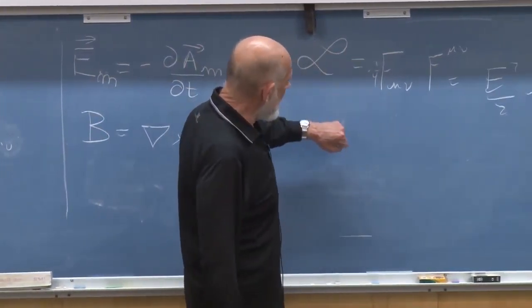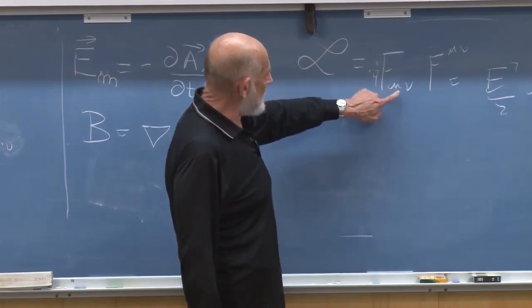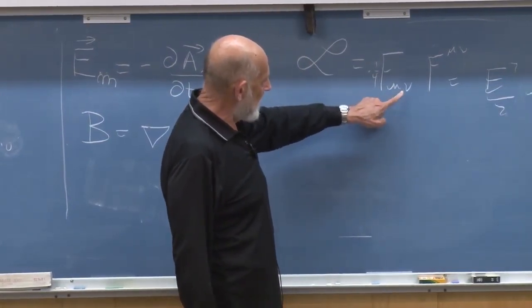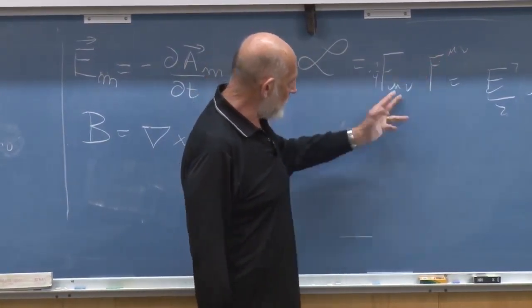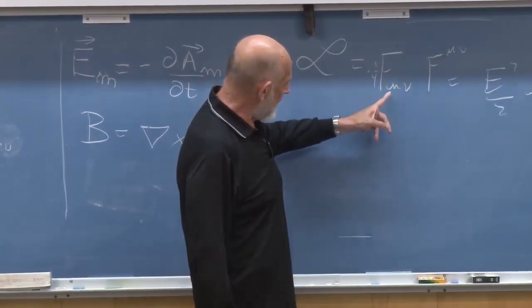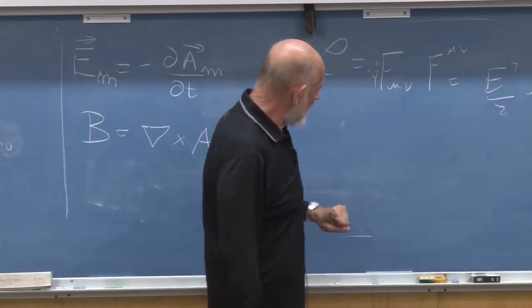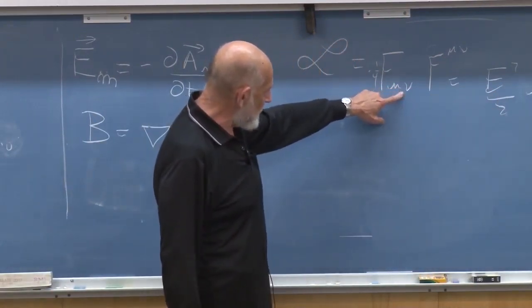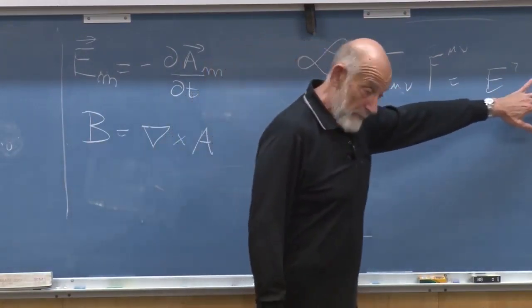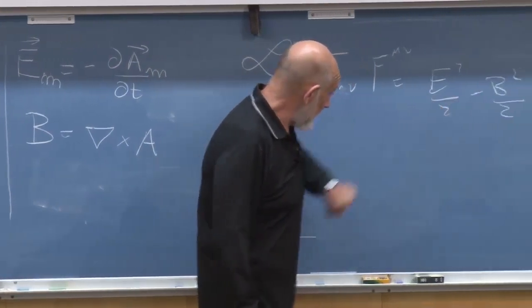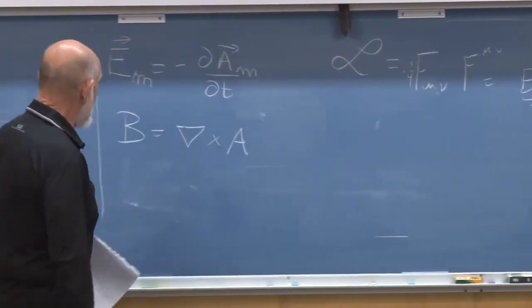There are the mixed space-time components. Each component gets squared. So the mixed space-time components give the electric field squared, and the space components give the magnetic field squared. Okay, so that's the Lagrangian.